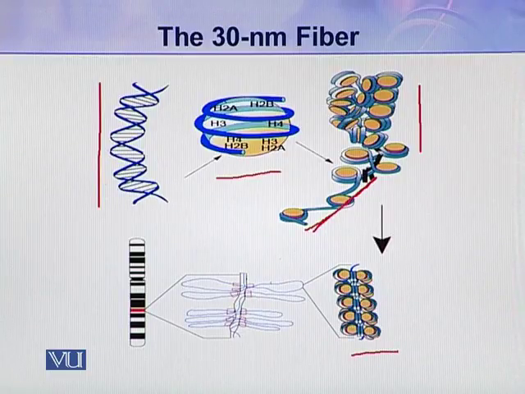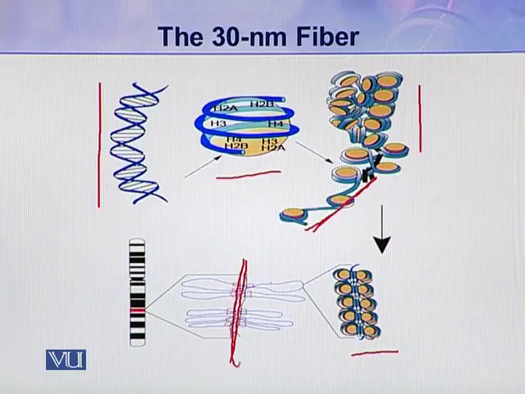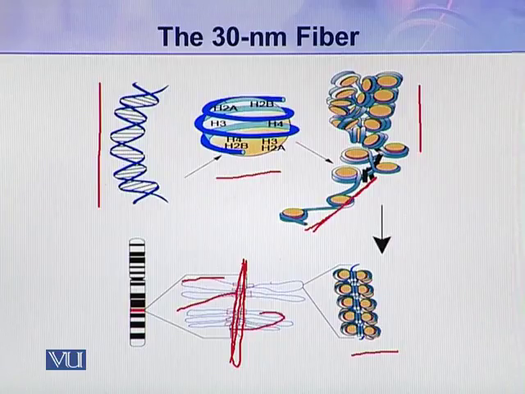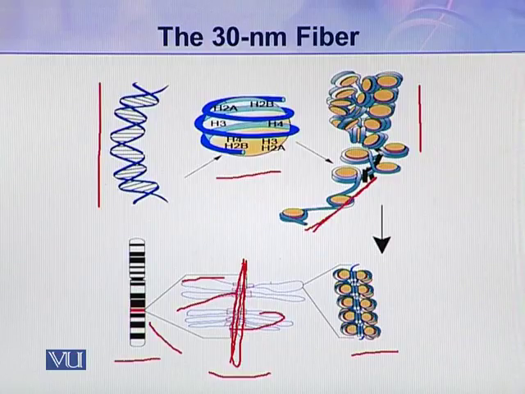And in the further level of organization, this 30 nanometer fiber makes loops around a nuclear scaffold. So here this is a nuclear scaffold, and around this scaffold these loops are present. So this is the next level of organization, and then this scaffold makes the chromosome.